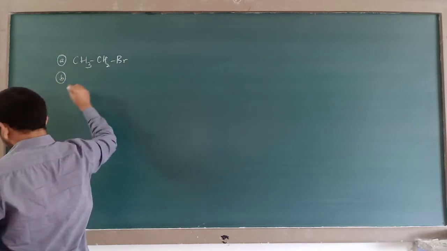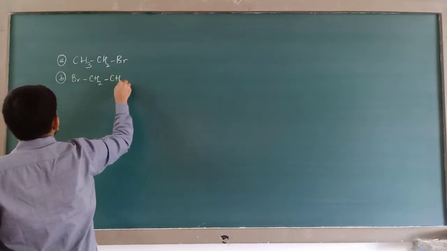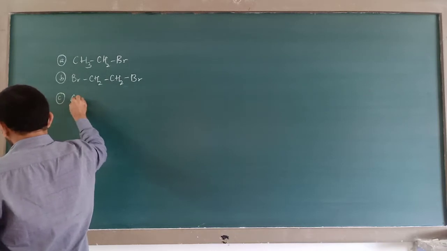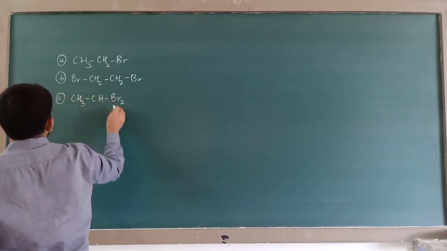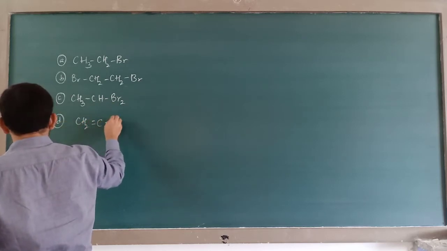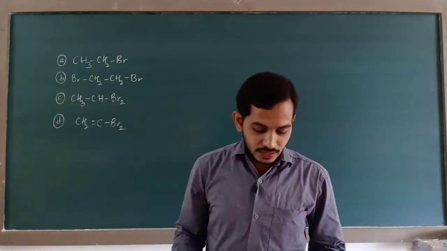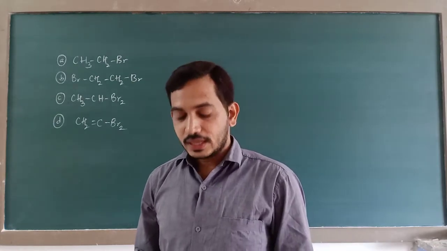This is second option, BrCH2CH2Br. Then third option is CH3CHBr2. And D option is CH2=CBr2. In the question, it says ethylidene dibromide.